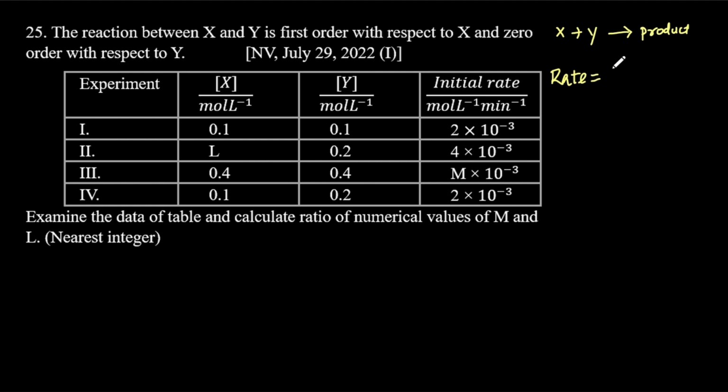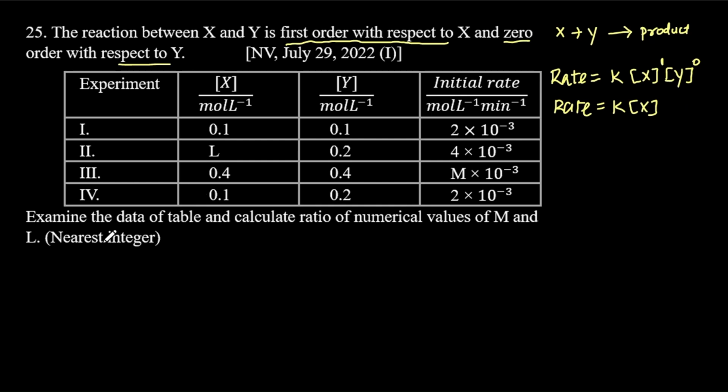Rate is equal to rate constant into concentration of X power 1 and the concentration of Y power 0, because in the question, it is given first order with respect to X, zero order with respect to Y. So, the rate will become rate equal to K into concentration of X. So, Y power 0 will become 1. So, this is the rate of this reaction.